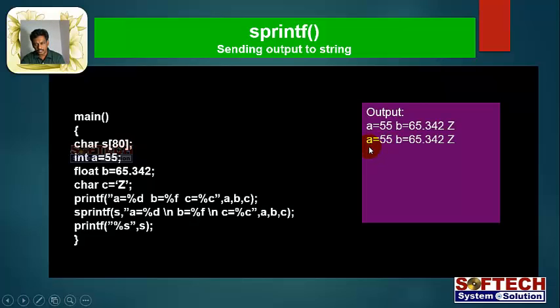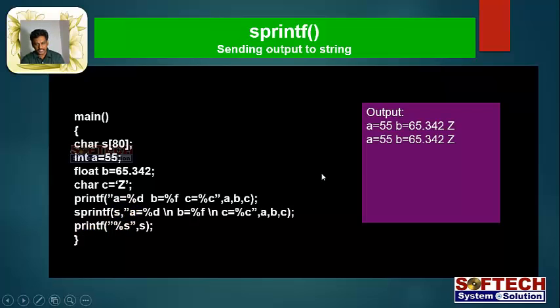The 0th location of s holds a, the first location holds the equal sign, the second location holds 5, and all the remaining values are stored in the locations of s. That is, the output is sent to the string array. A character array is a string.